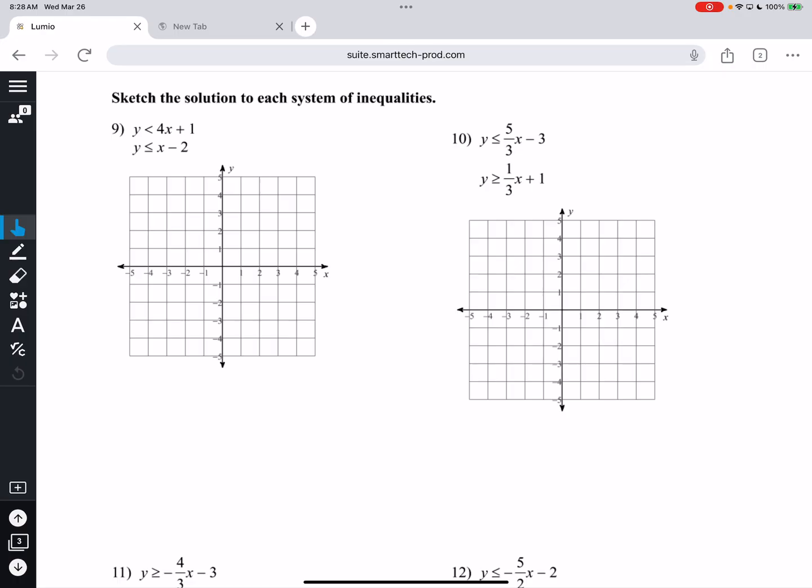The solution is where your shadings are crossing over each other, not where the lines cross each other. That would be the solution if it were an equal problem.